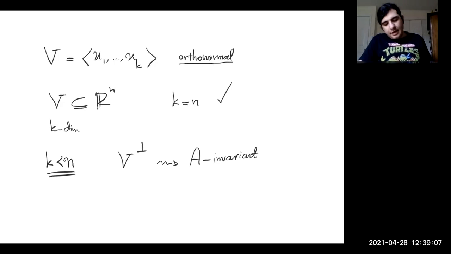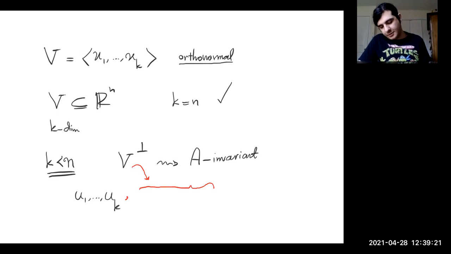So the point is that if I have this basis U1 up to UK, I can extend this basis to an orthonormal basis of everything, the Rn, where the rest is a basis for this V perp, say UK plus 1 up to UN. And they construct the whole Rn.